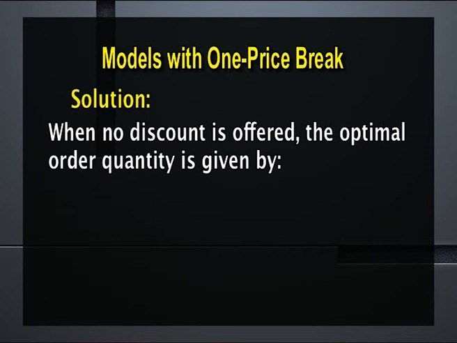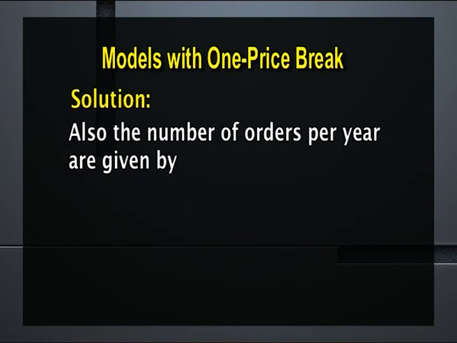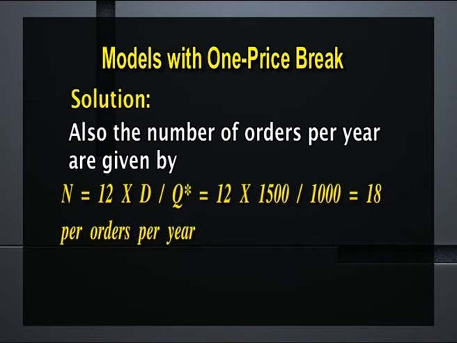When no discount is offered, the optimal order quantity is given by Q star equal to square root of 2 D C naught by C into R, equal to square root of 2 into 18,000 into 150 by 27 into 0.20, equal to 1000 units. Also, the number of orders per year is N equal to 12 into D by Q star, equal to 12 into 1500 by 1000, equal to 18 orders per year.